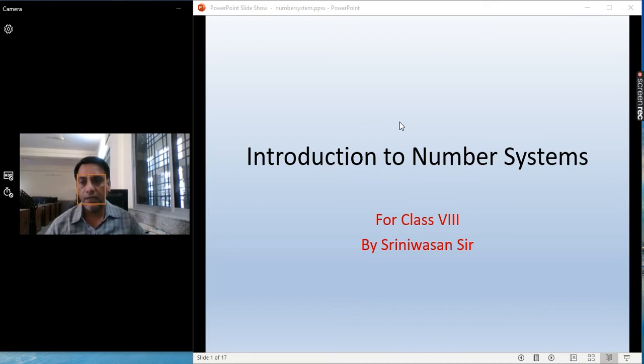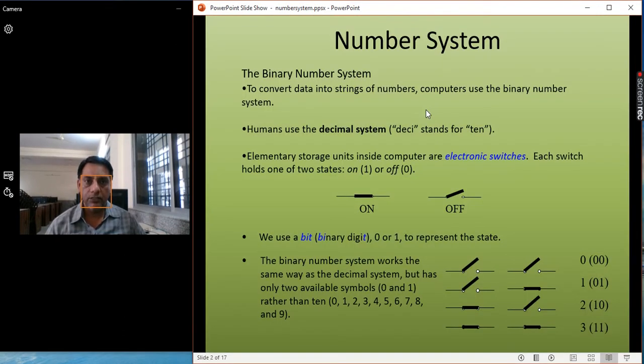Now in this chapter I am going to discuss how these two numbers are exchanged in their number system. So you can look here. This is the number system.